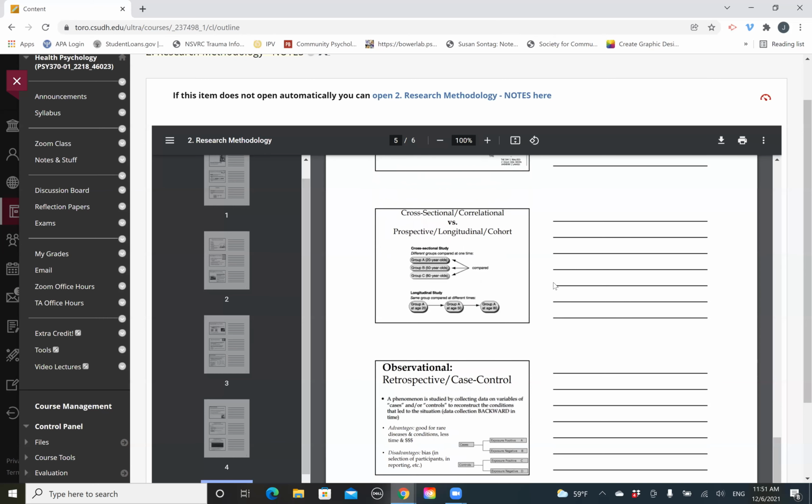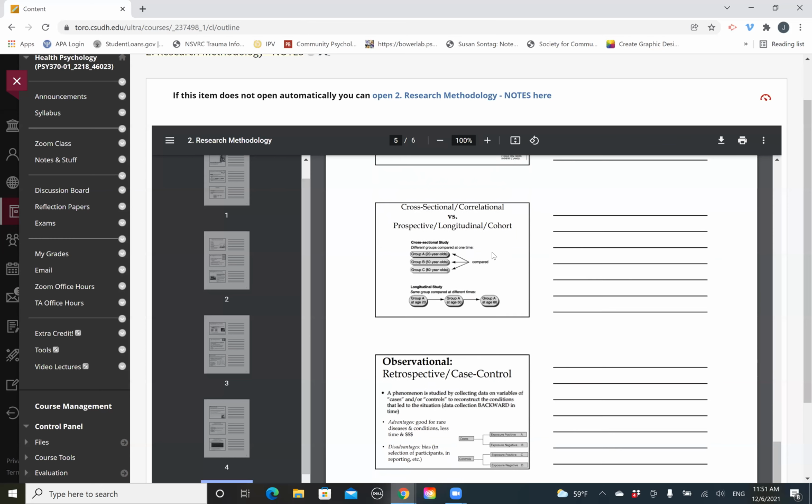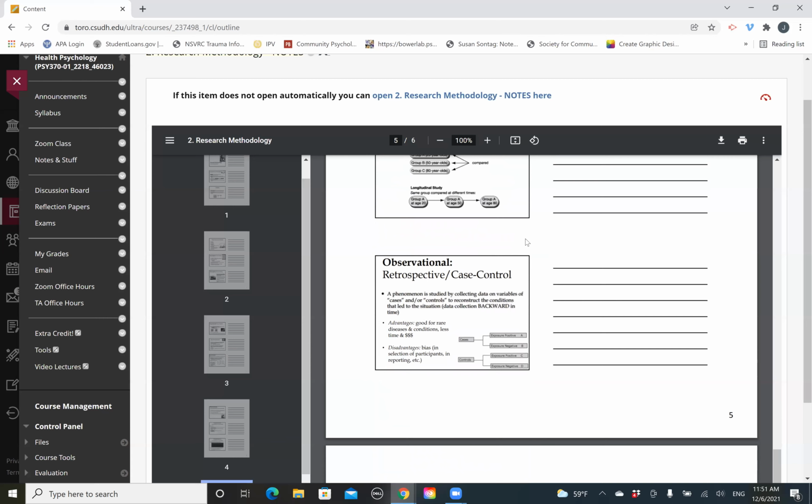Cross-sectional and correlational versus prospective versus longitudinal cohort. So you guys can look through these. I'm going to keep going because we still have a lot more to do. Retrospective case control: a phenomenon is studied by collecting data on variables of cases and or controls to reconstruct the conditions that led to the situation.